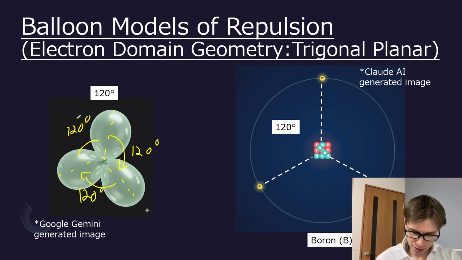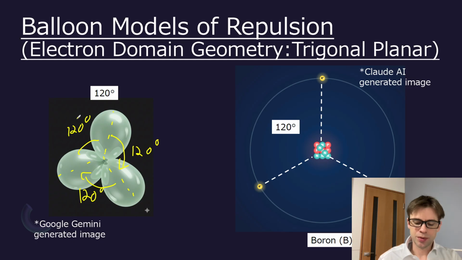And that will generate a geometry like what's shown on the right side here with boron. Boron has 3 valence electrons. It's going to arrange itself in this way most of the time. When it makes 3 bonds, maybe hydrogens or fluorines or chlorines or whatever come in here and share, they're going to separate 120 degrees from each other.